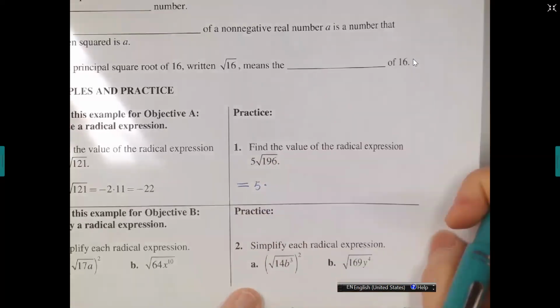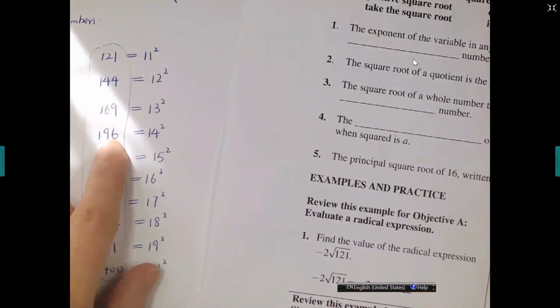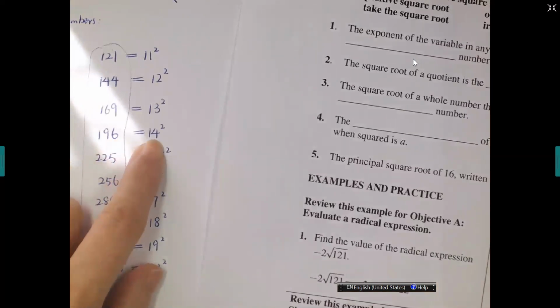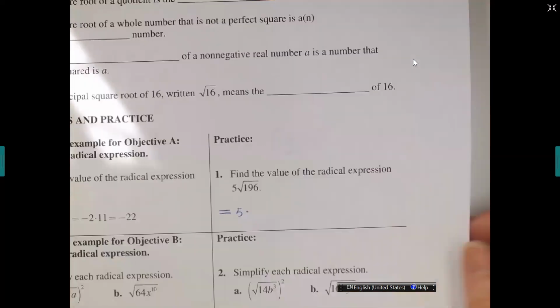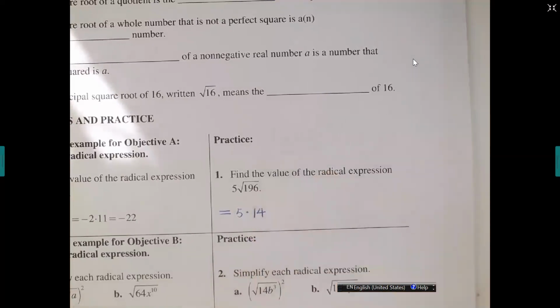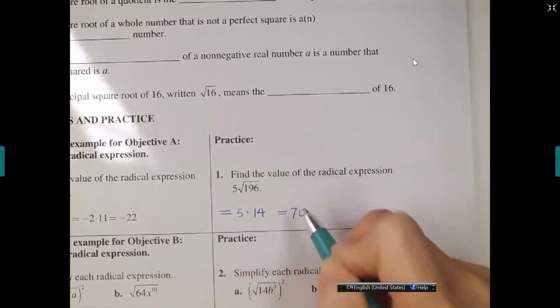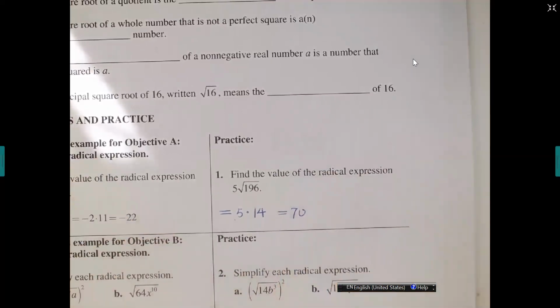I hope that you remembered 196 equals 14 squared. So the square root of 196 equals 14. You do not have to use your calculator, all right? And 5 times 14 equals 70. And this is one simplification problem.